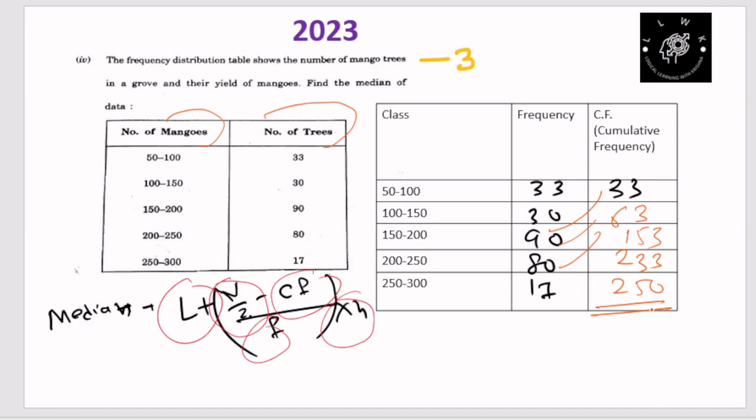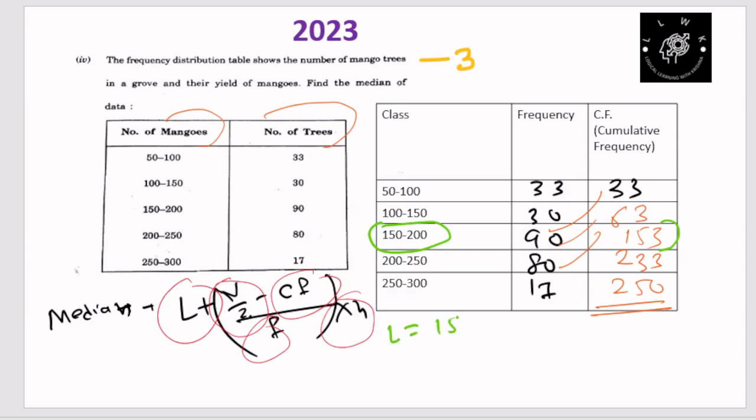Perfect. How to find the median class? Again, it's part of the detailed discussion, but here I'll tell you. 250 divided by 2, how much? 125. I'm sure 125 will not be below 63, so 125 should be part of this particular class, and this will become your median class. The lower limit of the median class is what? 150.